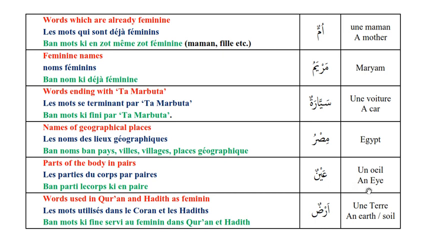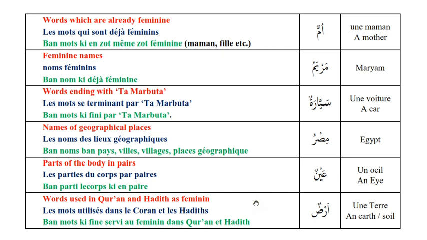Aynun means an eye. If we want to make aynun become definite, we say al-aynu. We have placed al in front and we have changed the dammatan to damma. Al-aynu. Aynun, an eye. For instance, we can say udhunun, that is an ear. Ear, we have 2 ears. So udhunun is 1 ear. Al-udhunu, definite. Udhunun, indefinite.